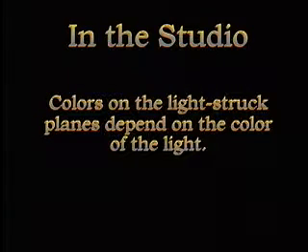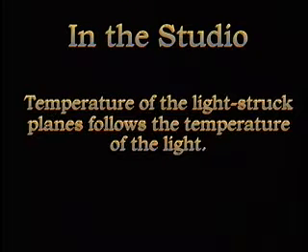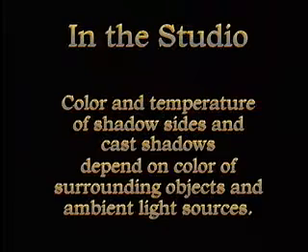Color on the light-struck planes in the still life and portrait depend on the color of the light. As with the landscape, the temperature of the light-struck planes follows the temperature of the direct light source in the studio. Color and temperature of the shadow sides and cast shadows in the still life and portrait depend on the color of surrounding objects and ambient secondary light sources.